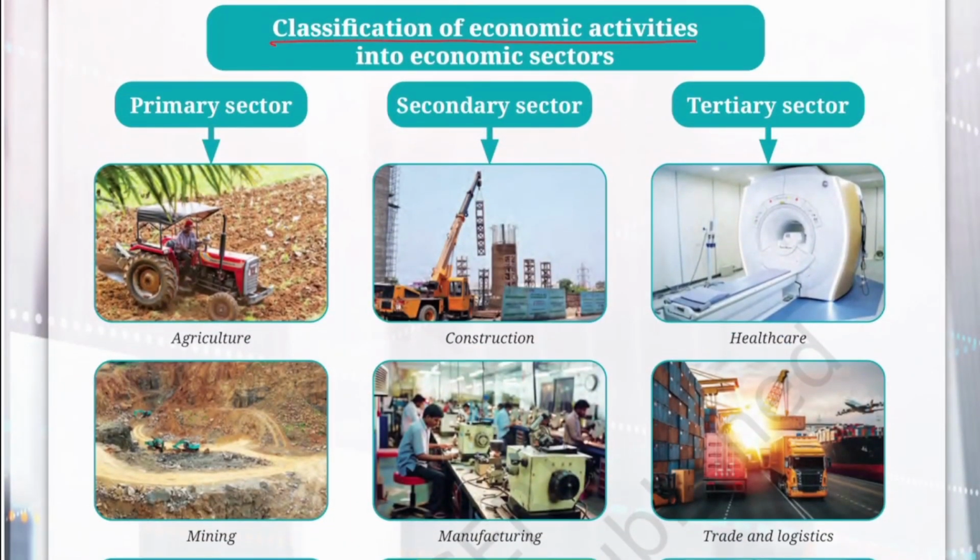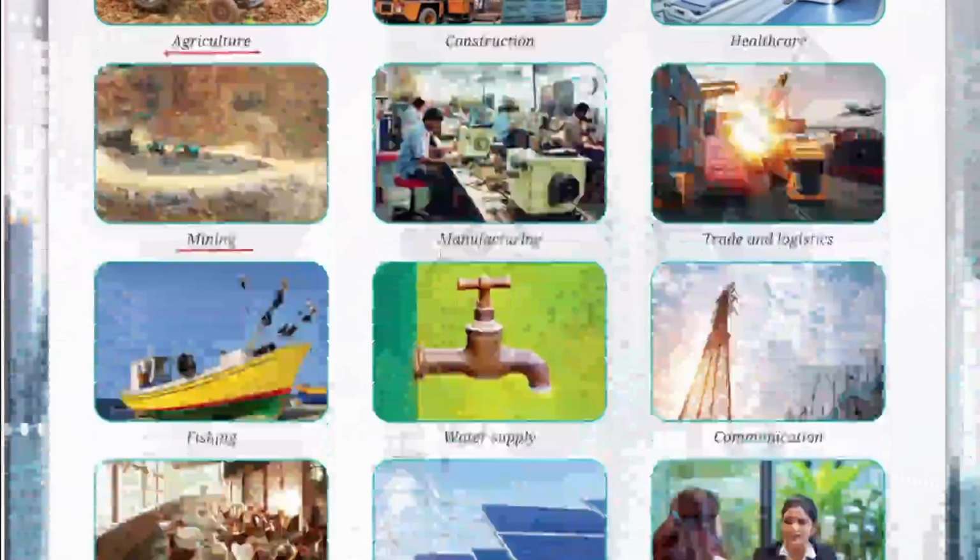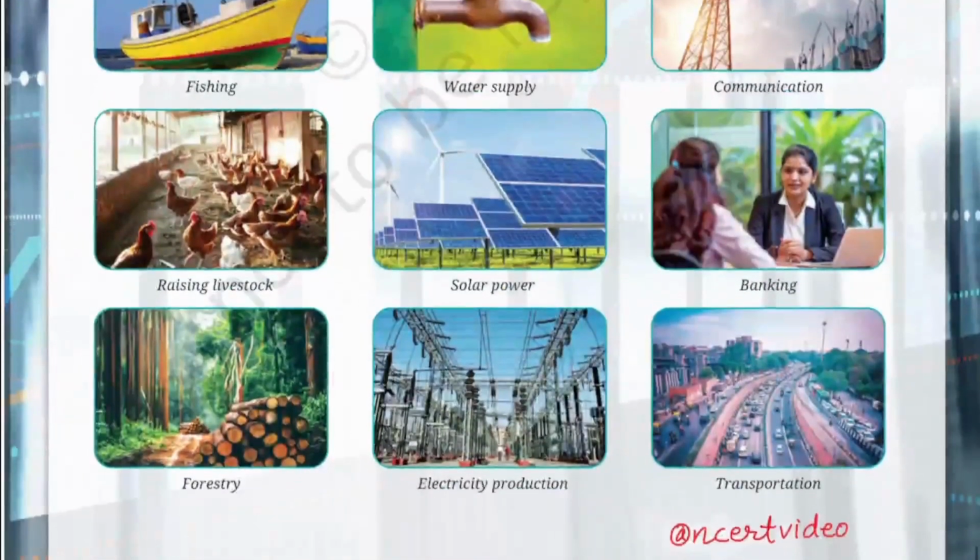Classification of economic activities into economic sectors. Primary sector: agriculture, mining, fishing, raising livestock, forestry.